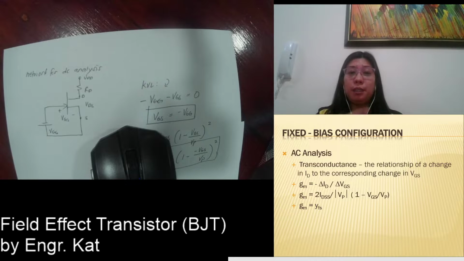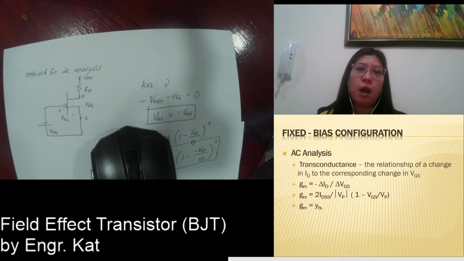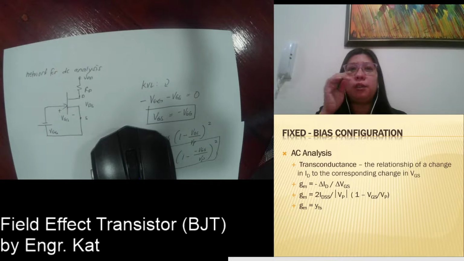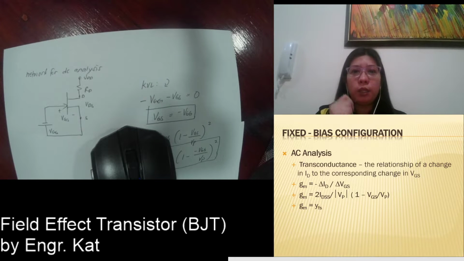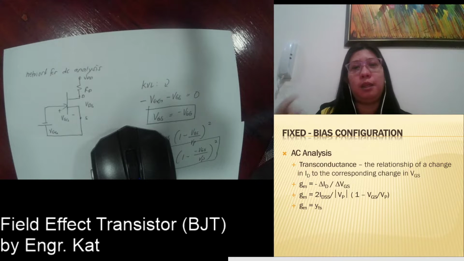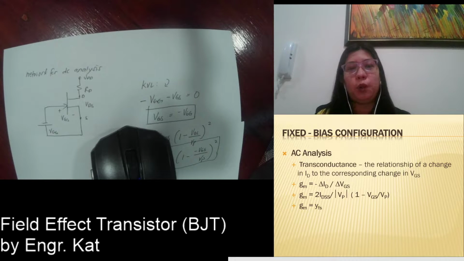As you can see, your IDSS is given, your VP is given in your circuit. The only thing that is not given there is your VGS. However, VGS was already derived in your DC analysis. So once your VGS is known from the DC analysis, AC analysis is very, very simple. All we need from the DC analysis is your VGS.